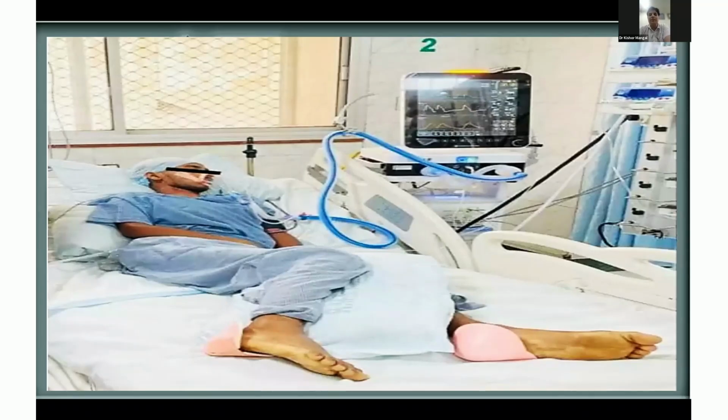But once the patient is stabilized and not requiring ventilator or any other support, then we can consider HBOT at the centers where it is available. We should always consult the plastic surgeons about the requirement of HBOT in such patients. So these are very important points.